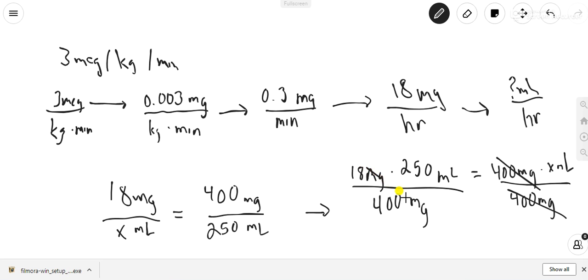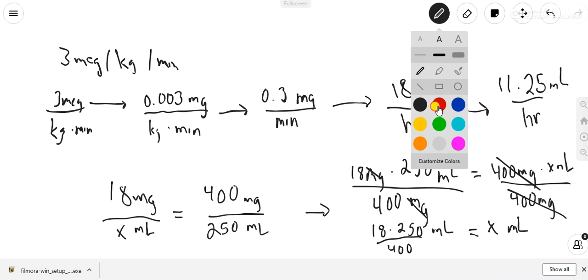And then the milligrams cancel out, and I just multiply 18 times 250 and then divide it by the 400. So 18 times 250 over 400 milliliters equals X milliliters. So that answer is 11.25 milliliters.